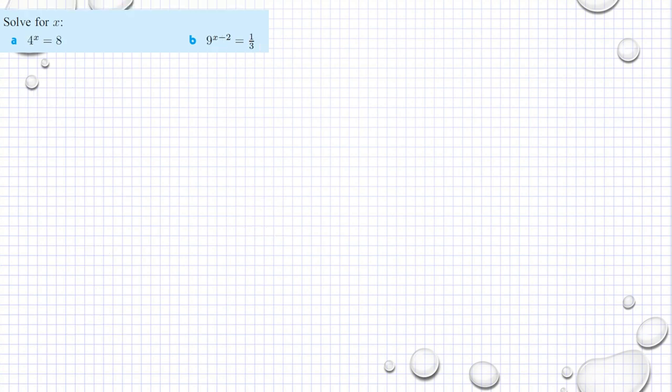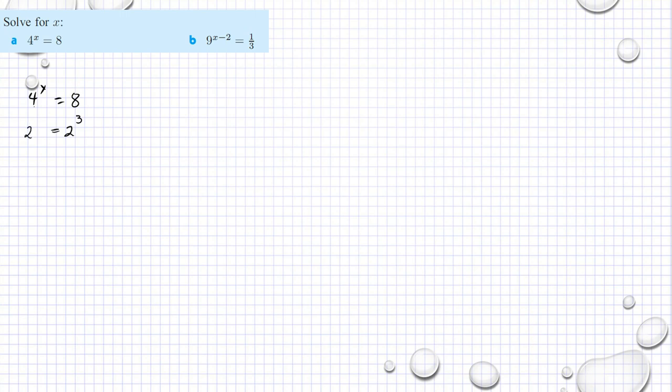Let's see if we have more examples. This one, we have 4 raised to x is equal to 8. We know that 8 is 2 raised to 3. So we need to transform 4 so that the base will be 2.